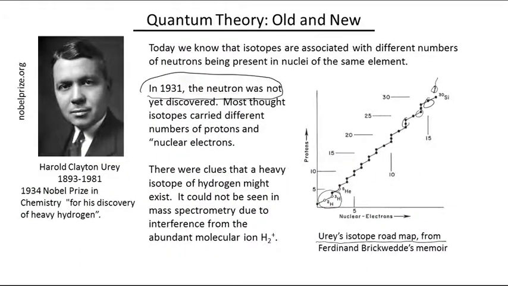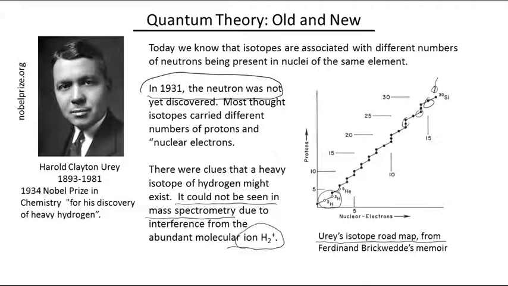I should mention that at the time, virtually all of the isotopes that had been discovered were discovered by mass spectrometry, in which you put particles through a combination of crossed magnetic and electric fields and find a deflection that is dependent upon the charge to mass ratio.